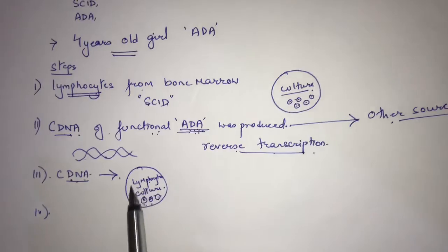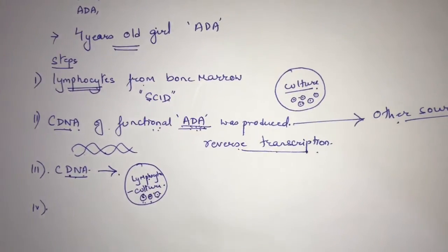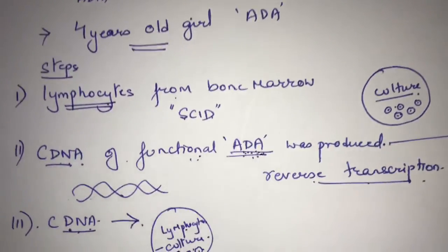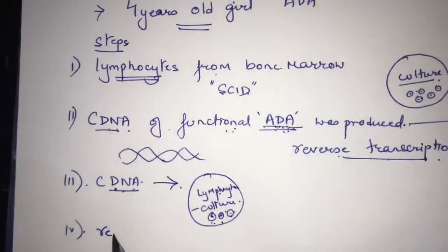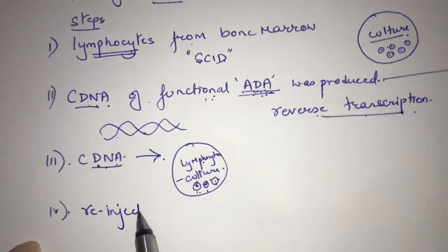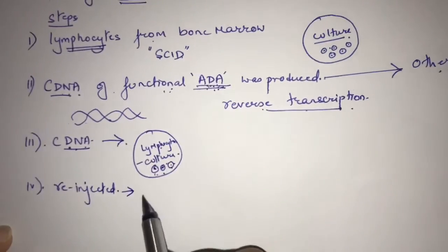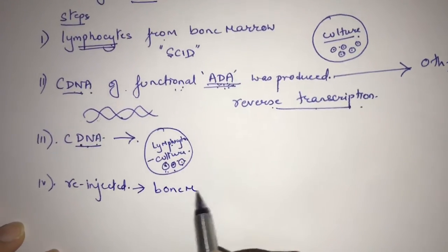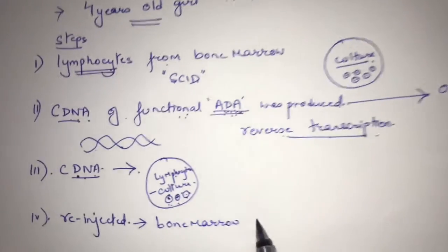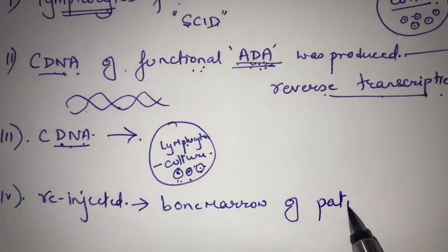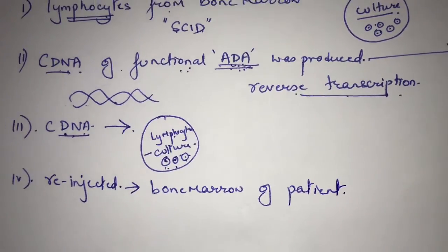Now, this lymphocyte which is already transformed and functional for ADA is re-injected back into the bone marrow of the patient. So, this is how gene therapy is done.